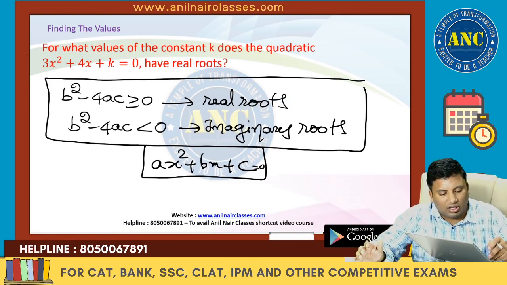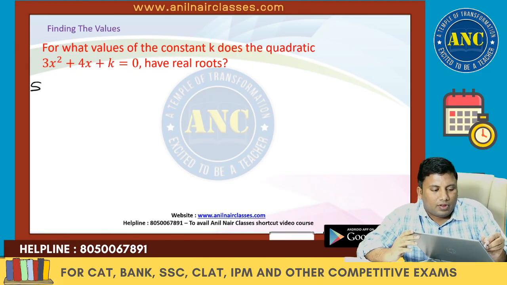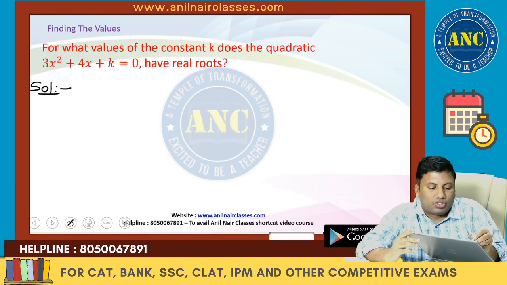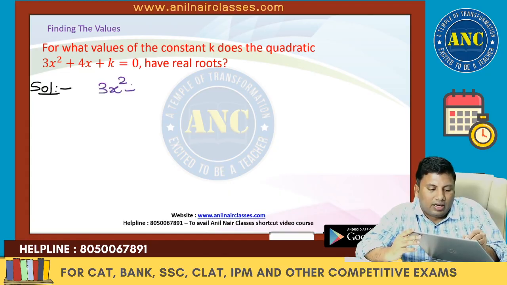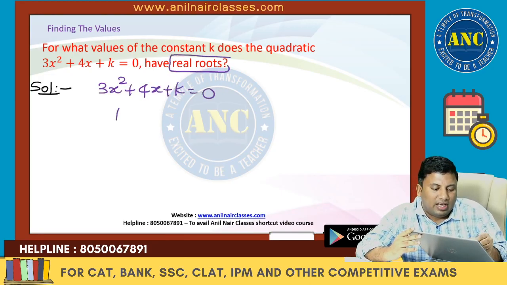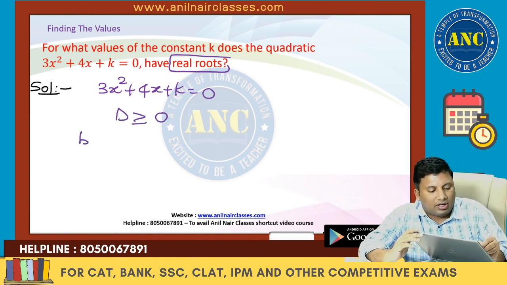Now let us solve the question. For what values of k does the equation 3x square plus 4x plus k equivalent to 0 have real roots? Real roots means D greater than or equivalent to 0.